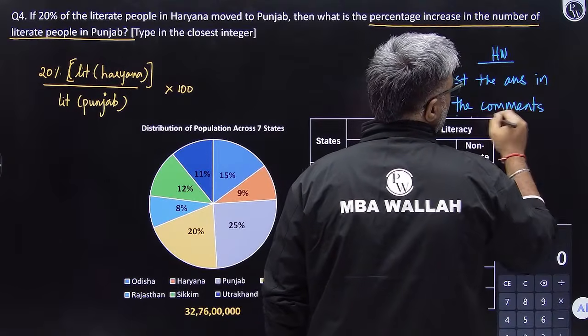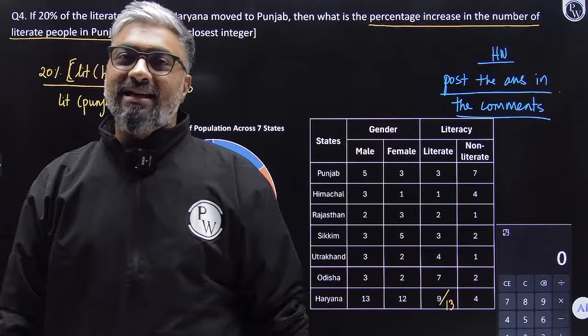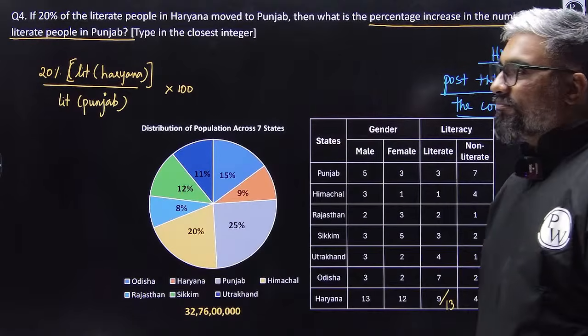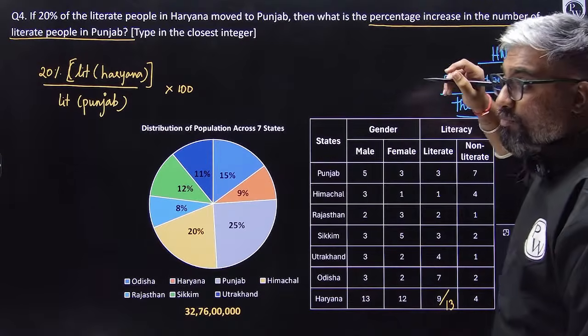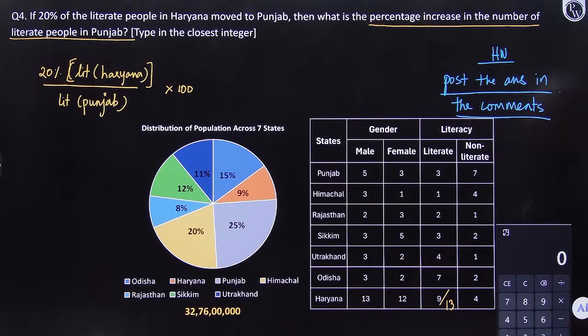This is an open challenge. Let's see how many of you get it right. Right, Athar. Try this and post it in the comments. No, Varsha. Very close, very close.